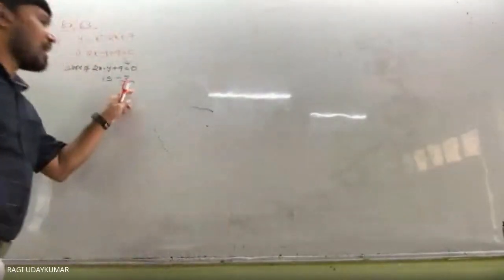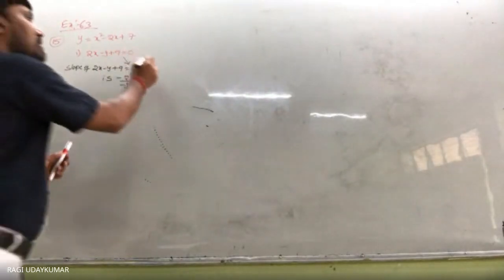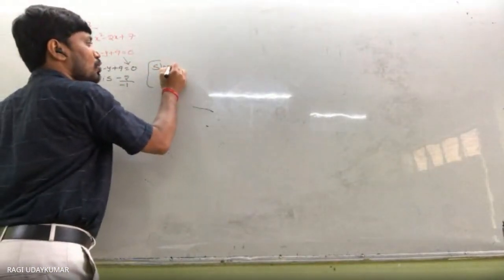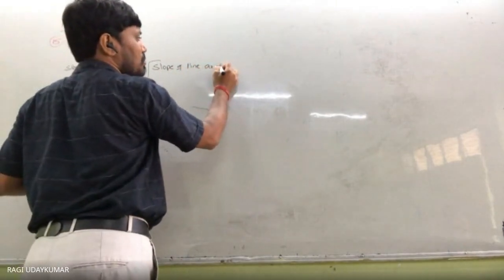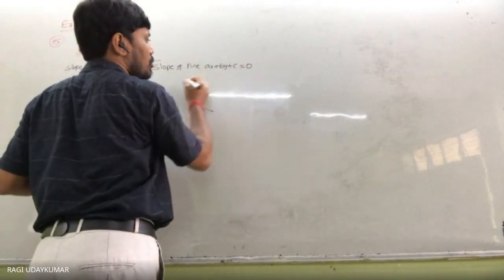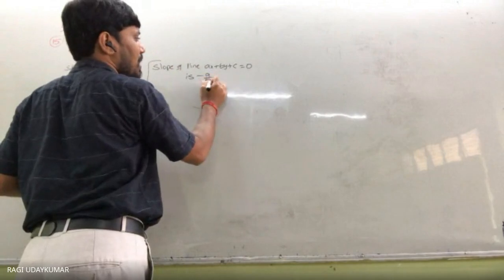You can write in the brackets that this is the slope of line formula: slope of the line ax plus by plus c equal to 0 is minus a by b.